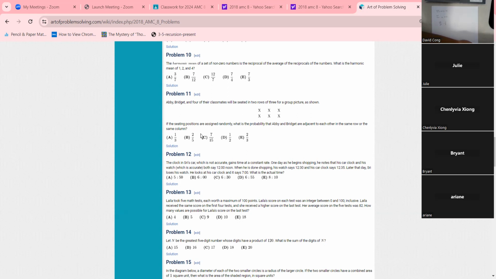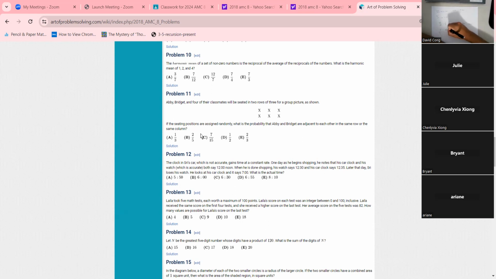So when the car says 7, that means 7 hours have passed. 7 hours times 60 minutes over 1 hour is 420 minutes. So 7 minutes in the car equals 6 minutes in real life, and because it passes at a constant rate, this ratio should be preserved.